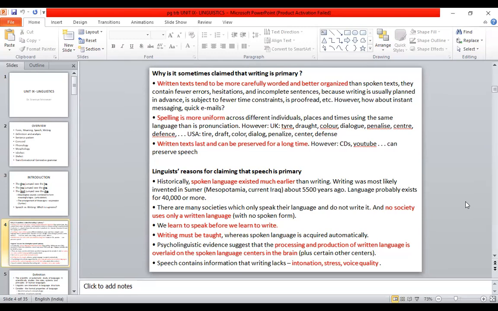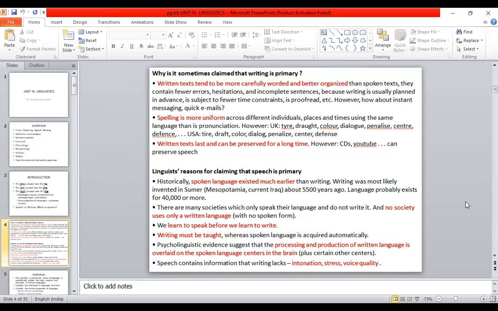Yes. So when I speak, my intonation matters, my stress matters, my voice quality matters. So these are very evident in conveying the right meaning to the audience. Okay, so when I read, the way I read a particular text, the stress, the intonation, the kind of expression, is completely different from the way another person reads it, right?